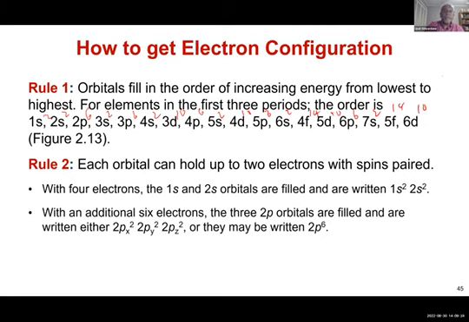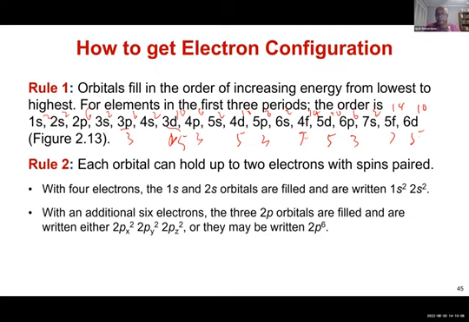These have more than one orbital. There are 3 orbitals here. D has 5 orbitals. P has 3. F has 7. D has 5. So the total number of electrons in d orbitals, 2 each, becomes 10.